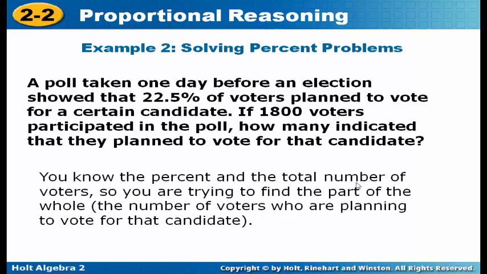You know the percent and the total number of voters, so you are trying to find the part of the whole: the number of voters who are planning to vote for that candidate.